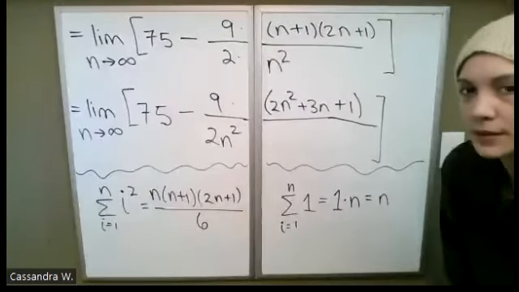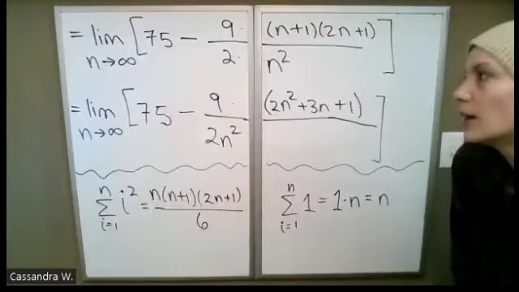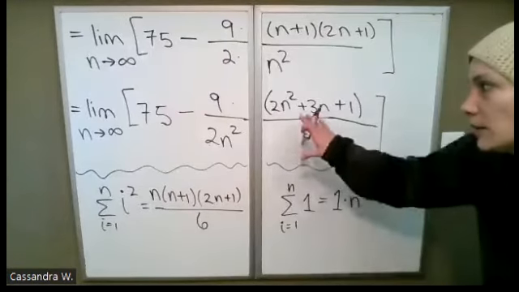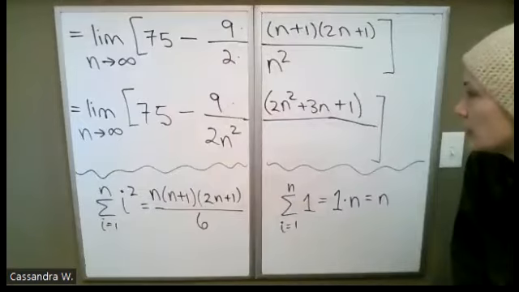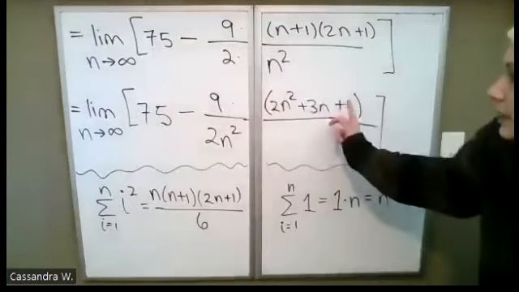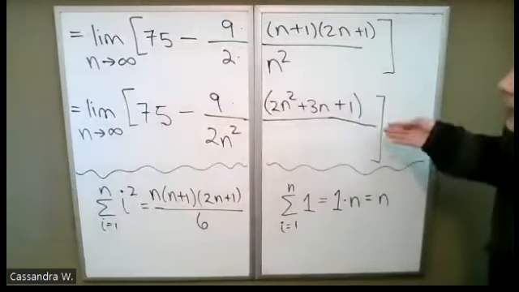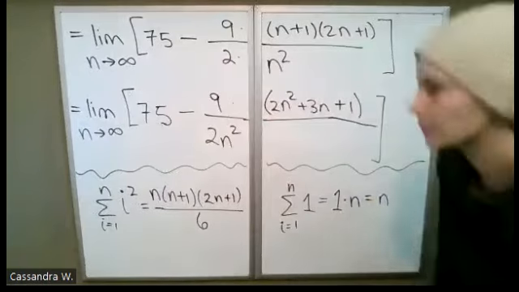Thanks, Cassie. Alrighty, we foiled this out. We got this there. I think we want to distribute the 9, create separate terms, and then we're pretty much done.